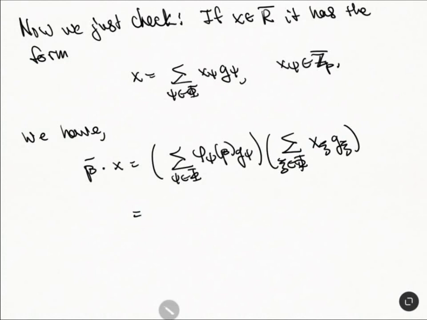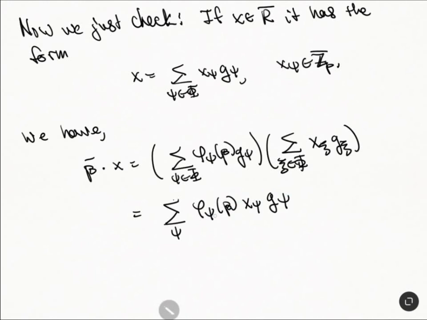When these multiply, if these two things are not equal, it's going to be 0. If they're the same, they get a g squared, and since g is idempotent, g squared is equal to g. So this will be the sum of just a single psi now, because they all got killed: phi psi, beta, x_psi, g_psi.